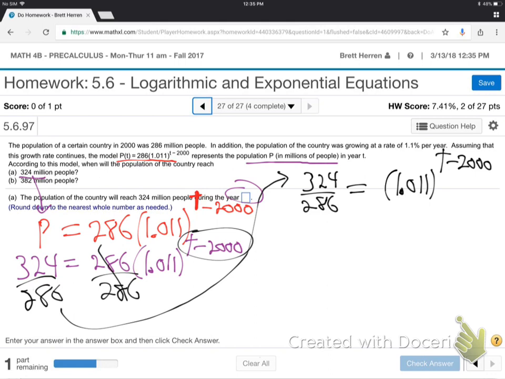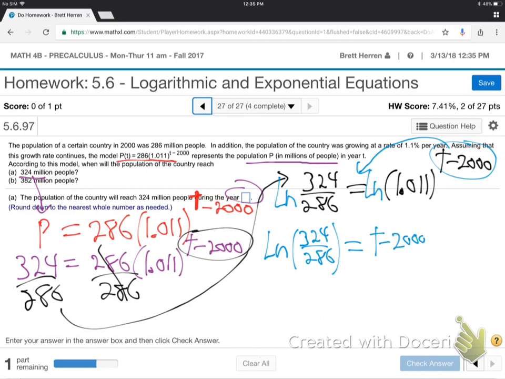Now we're ready to LN both sides. ln, the power drops down, the third property of logs, powers come down to the front. So then we have ln of 324 over 286 is t minus 2,000. Got to put parentheses around that t minus 2,000, though, because it all comes down to the front to multiply, times ln 1.011. Okay, what are we going to do now to solve for t?